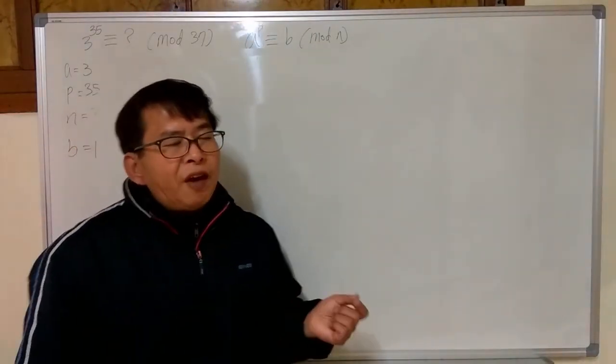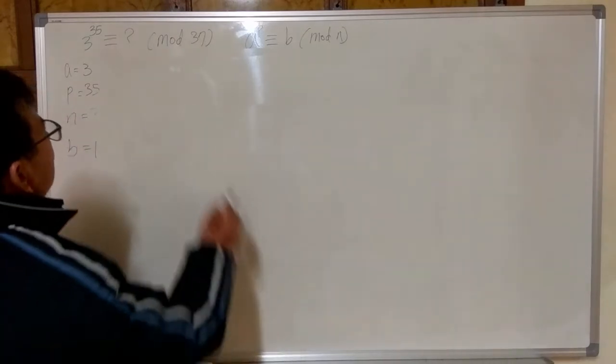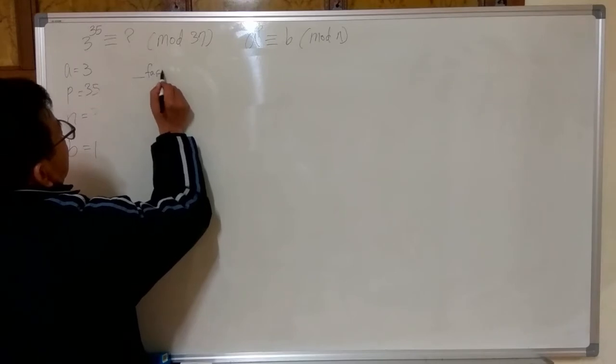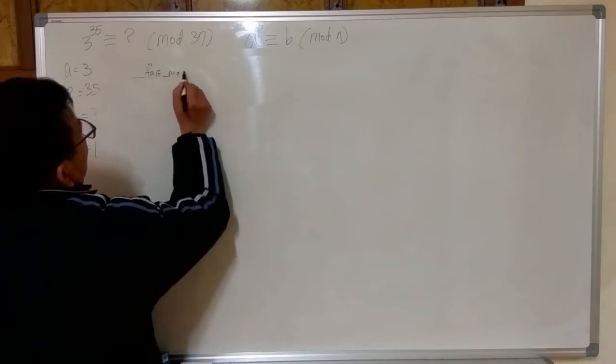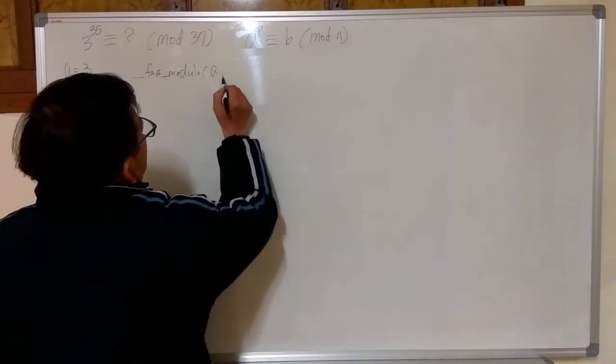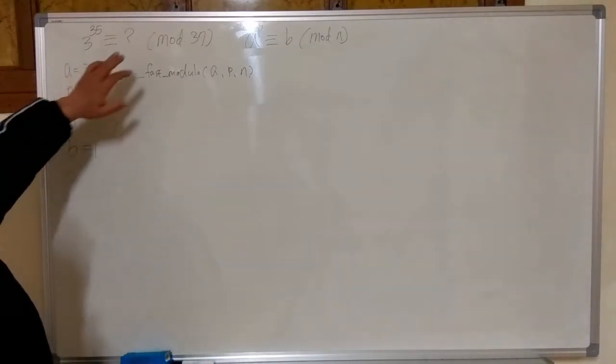Now I am talking about the algorithm we just implemented. I would say underscore test modulo. It gets A, P, N like this. This solves this equation.